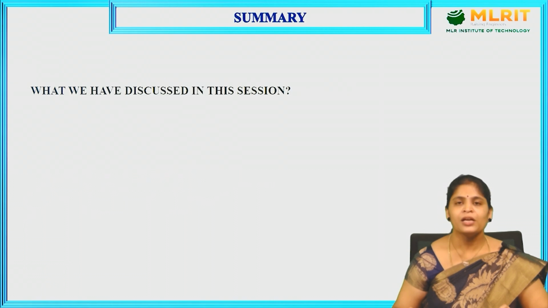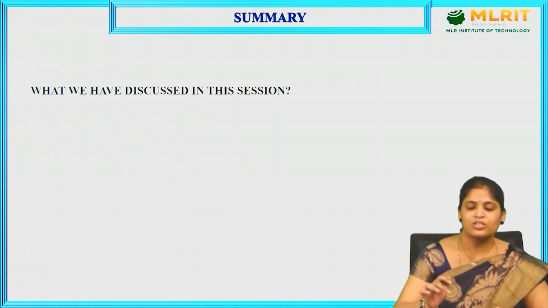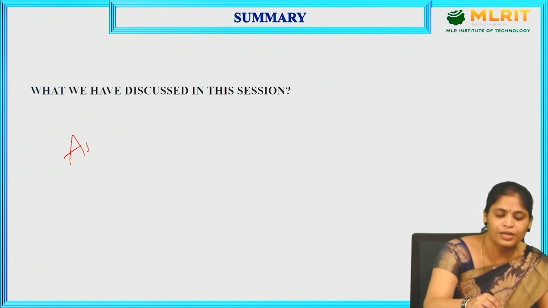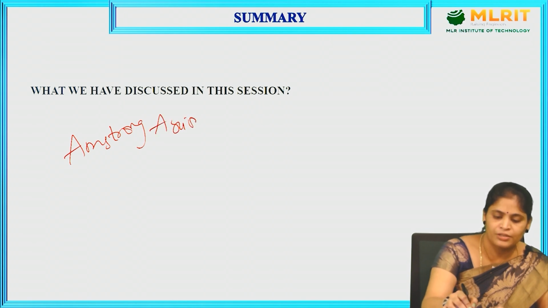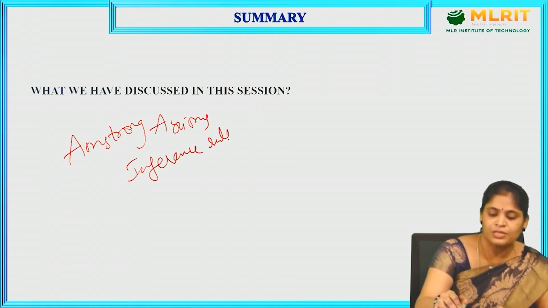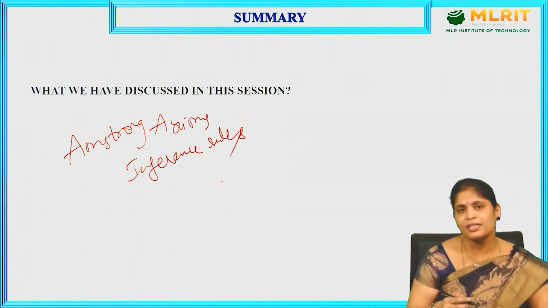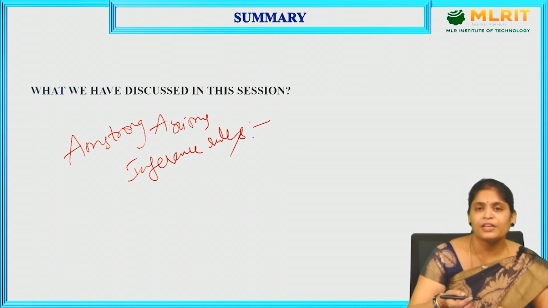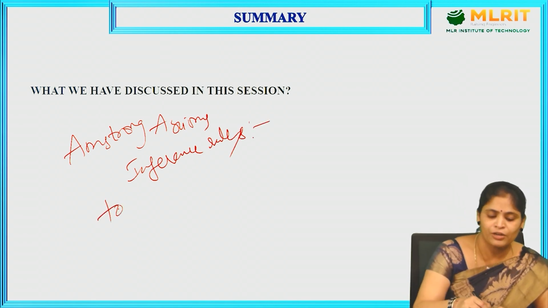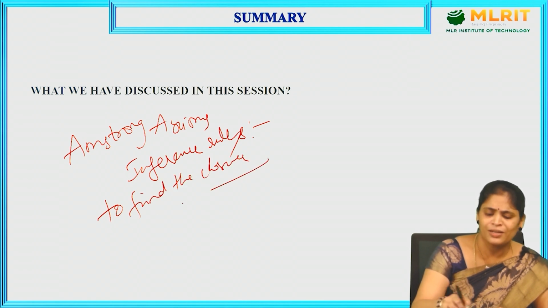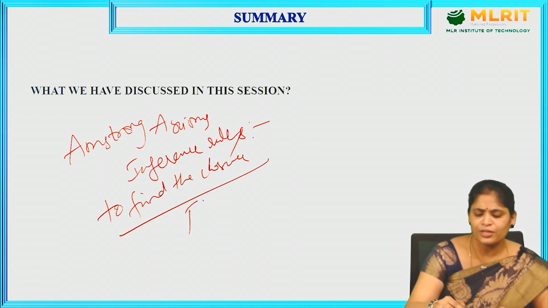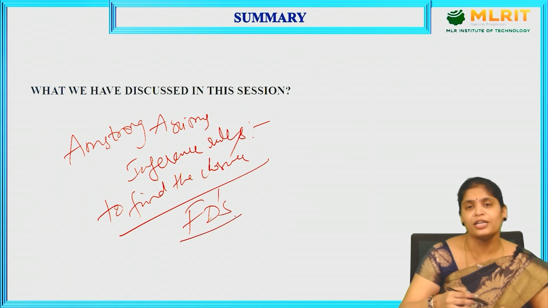So CFG. What we have discussed in this session is the Armstrong axioms. Those are nothing but inference rules. Why have we studied these inference rules? To find the closure. That is nothing but finding out some more functional dependencies.